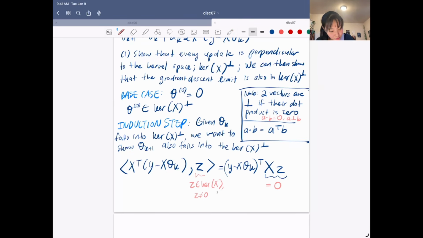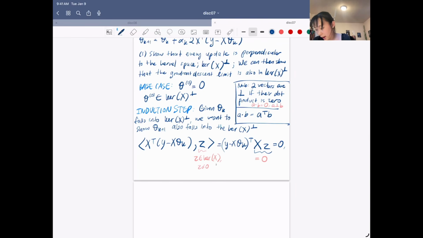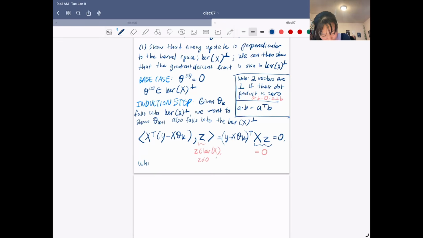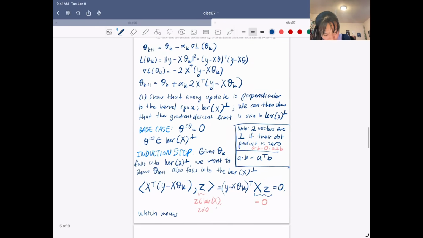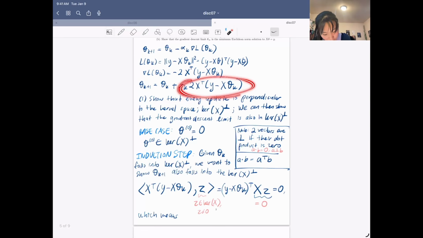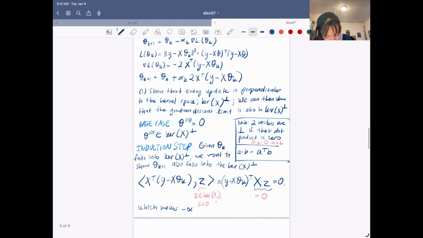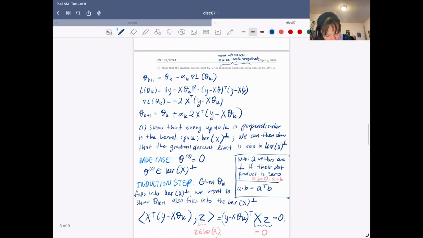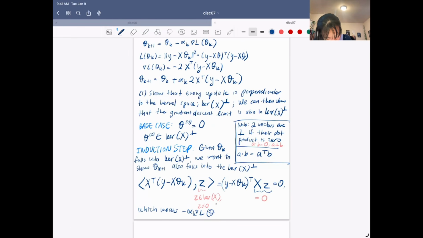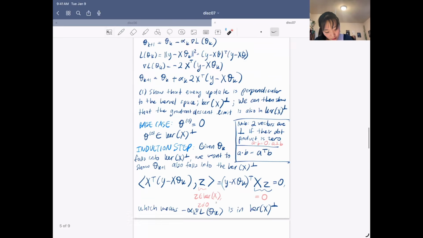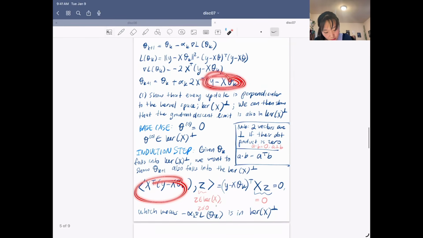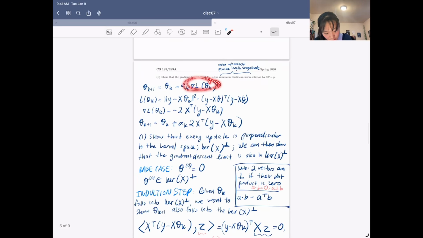And so this whole thing is equal to 0, which means we've shown that basically this term, alpha, because the rest is just constant, negative alpha k lambda, or loss function, is in the perpendicular kernel space. Because again, this whole thing was equivalent to this, which just came from this equation.